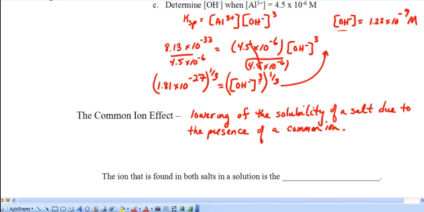Now, what is a common ion? Well, a common ion is an ion that is found in both salts in a solution. That is the common ion, and I think once we show you these examples, that will be no problem for you to identify.